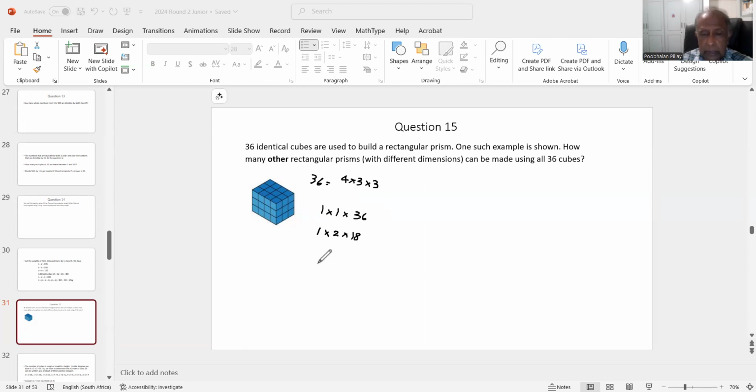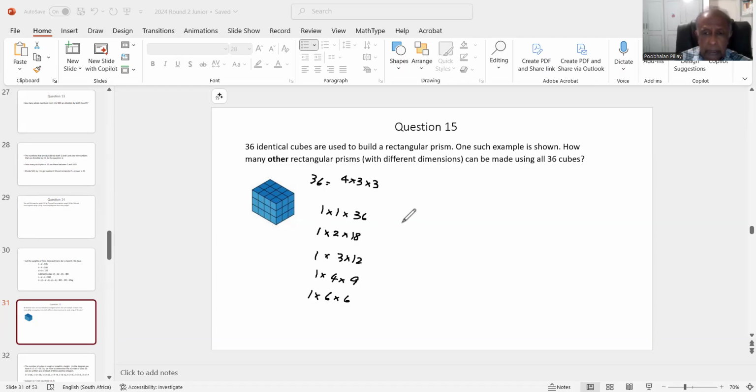You get 1 times 36, and you put 1 here. 2 times 18. 3 times 12. 4 times 9. All these are factors of 36. But 5 is not a factor of 36, but 6 is. 6 times 6. Okay, so that takes care of all those ones. Beyond this, you'll get the same answers here.